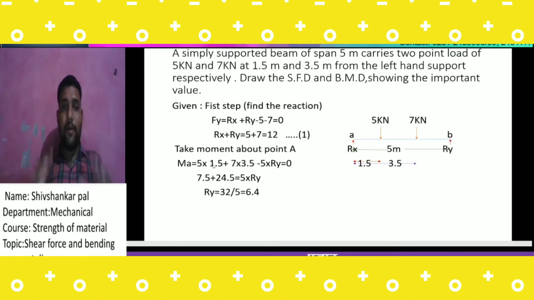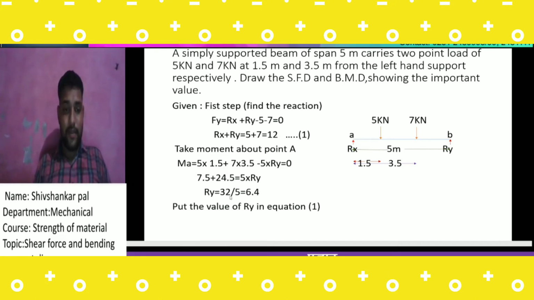And then the moment at any point equal to 0 is the third condition of equilibrium. So Ma is equal to 0. The numerical part goes to one side and the variable part goes to the other side. Minus 5 into Ry goes to this side and becomes positive. So 5 into Ry is 7.5 plus 25, the sum is equal to 32, and 32 divided by 5 gives Ry equal to 6.4.